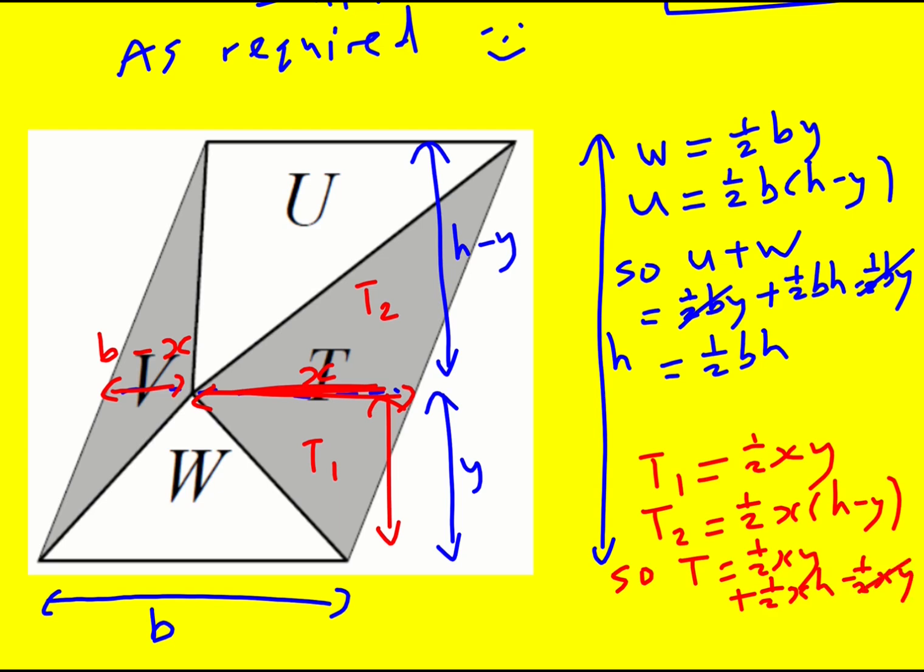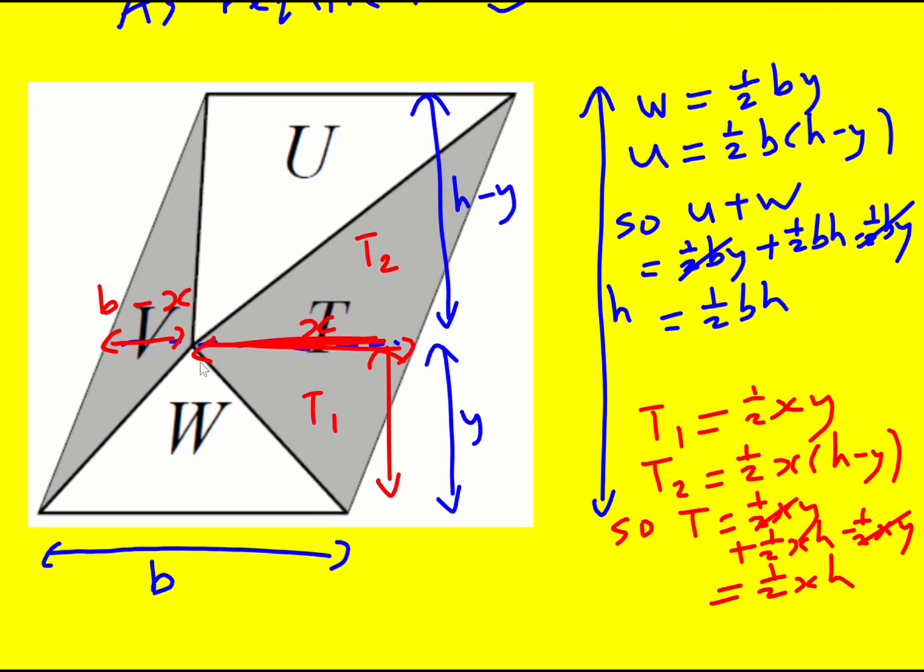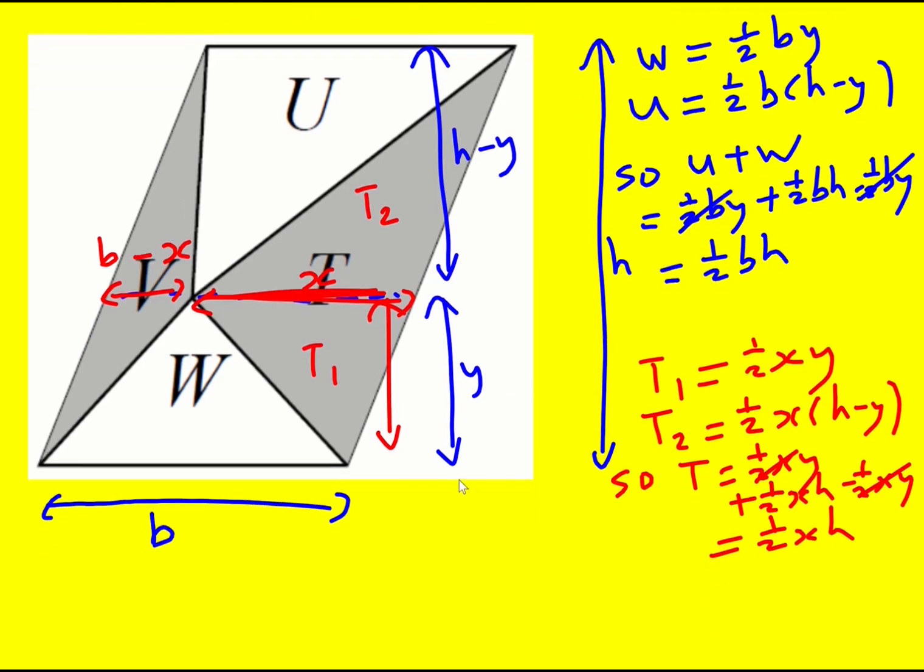And again, these two cancel, and I simply get a half XH. That's a pretty cool result, really. The fact that we are just timesing this length by the height, even though it's not quite your traditional half base times height. It is actually a true general formula, and we've shown it by splitting it into two.